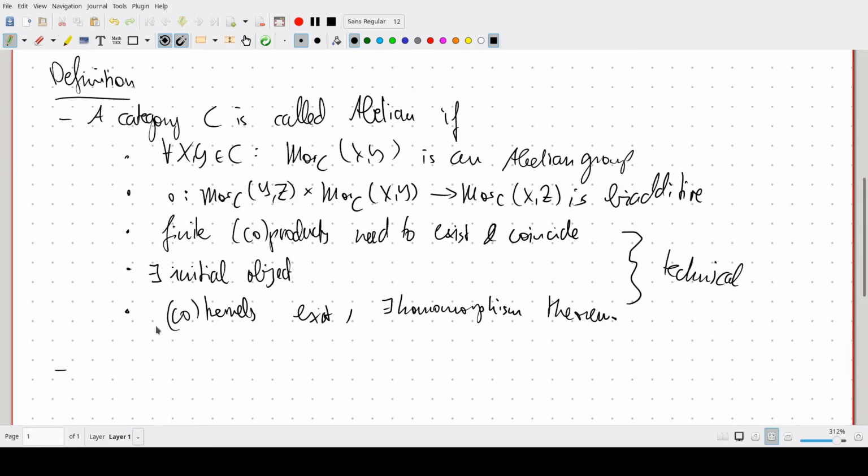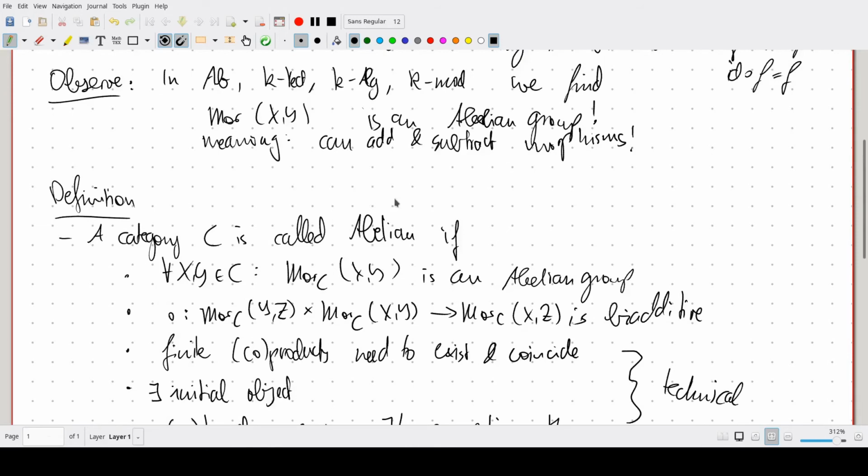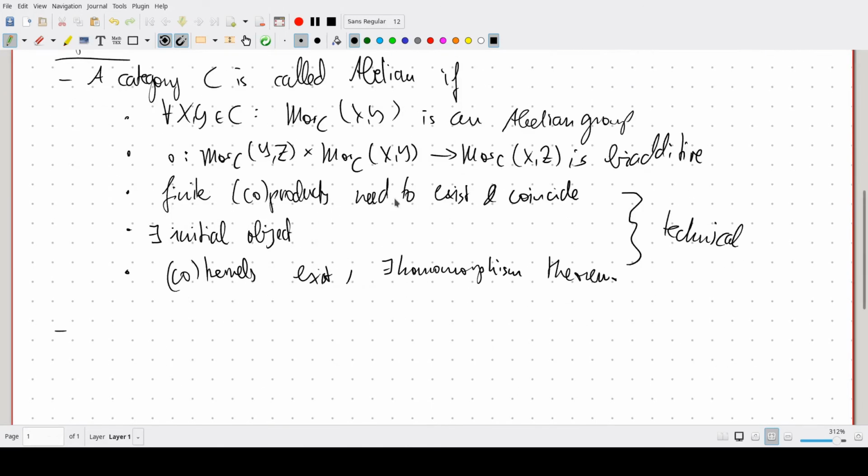And it shouldn't surprise you to learn that all of these are actually abelian categories. But it turns out we have even more. If we hone in on these two, because here we have not only addition, but we also have this scaling operation by the field k. Maybe we can incorporate that into a very specific kind of category.